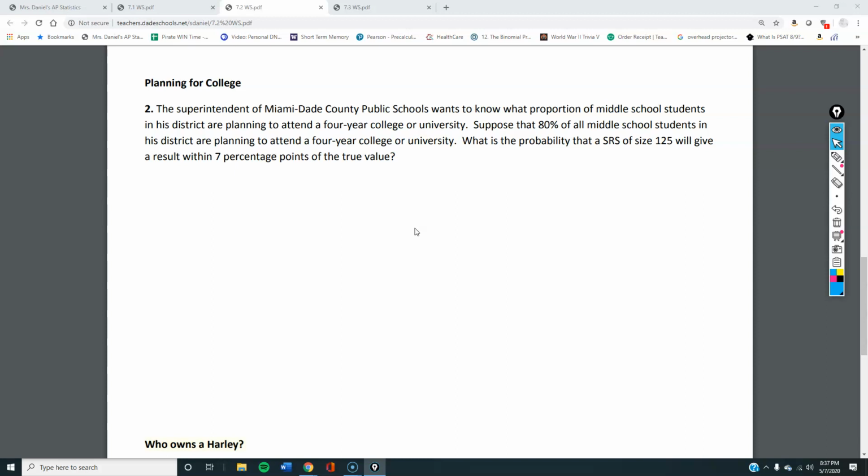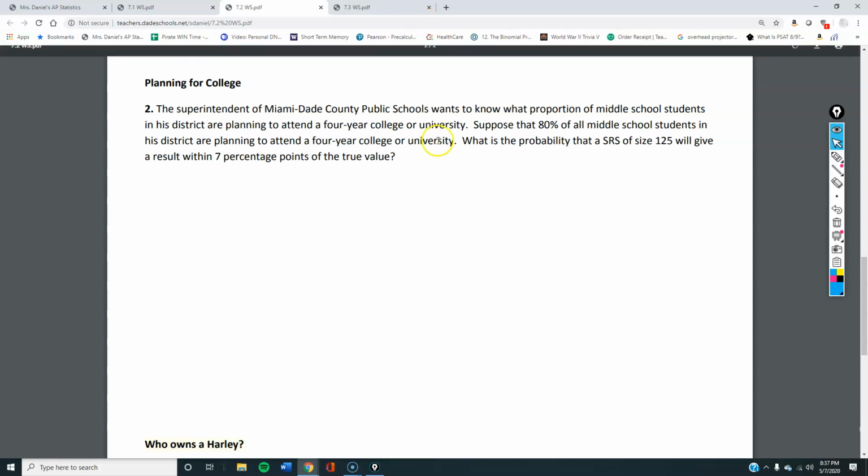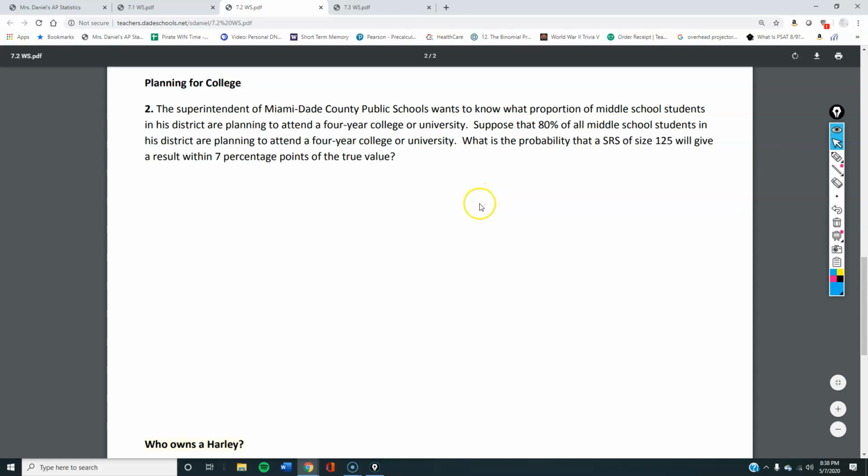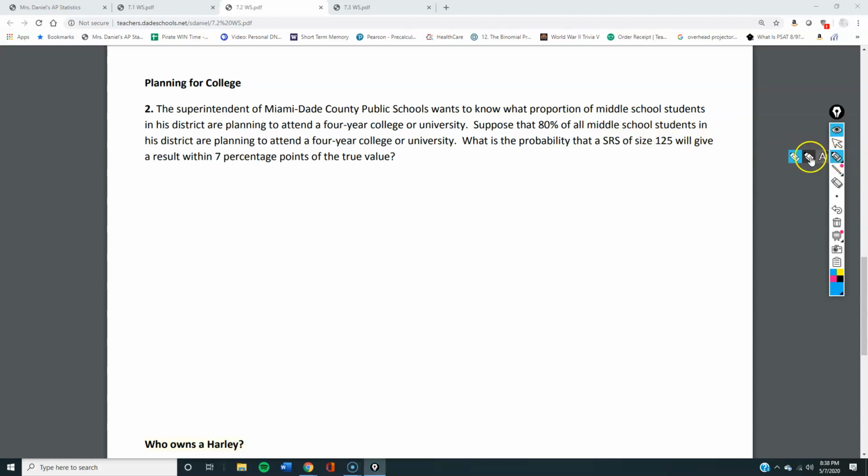So what's the probability? How many will be within 7 percentage points of the true value? All right. Is this normally distributed? So are n times p and n times 1 minus p both greater than or equal to 10?